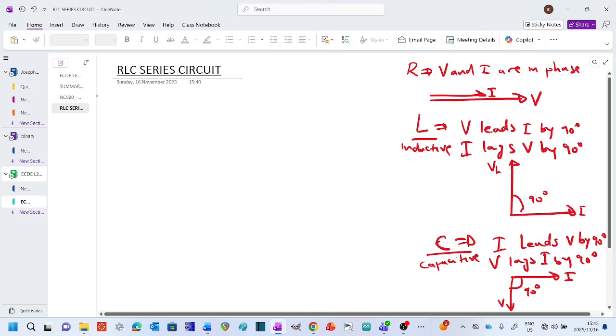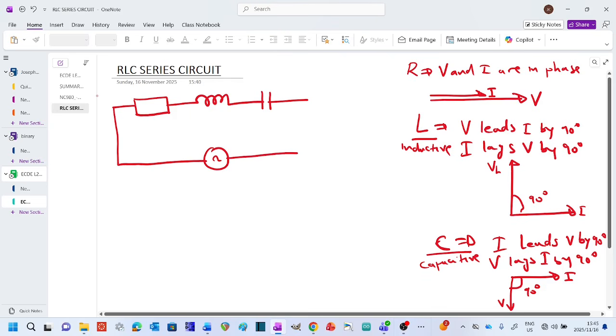A resistor in series with an inductor in series with a capacitor, and all of them supplied with AC. Now this is what happens. R, L, C.